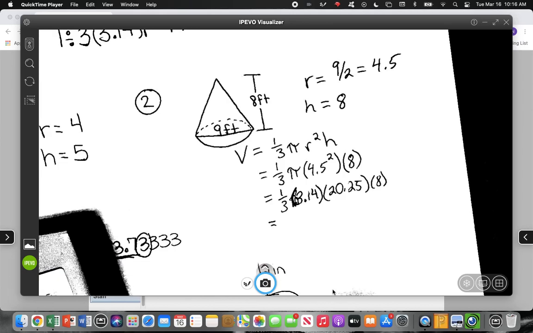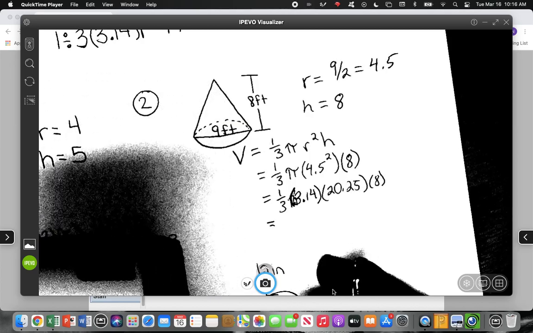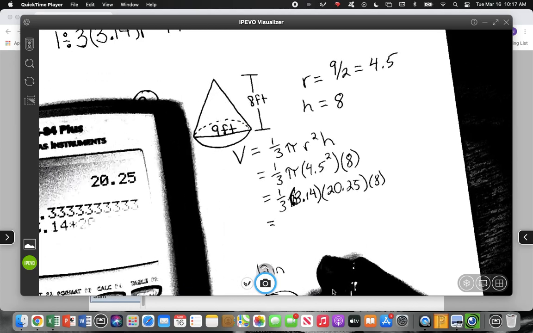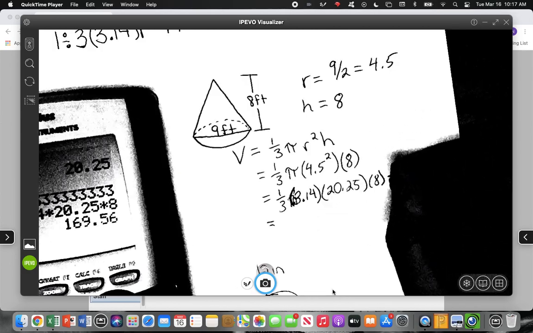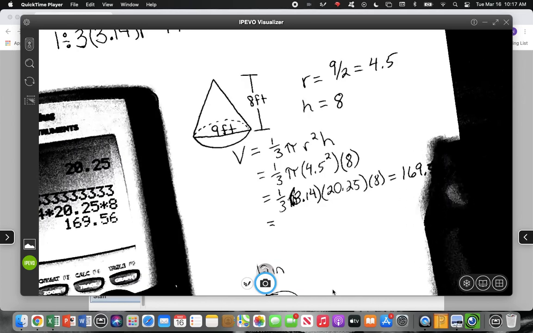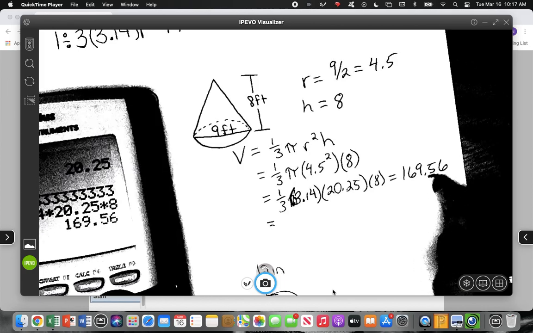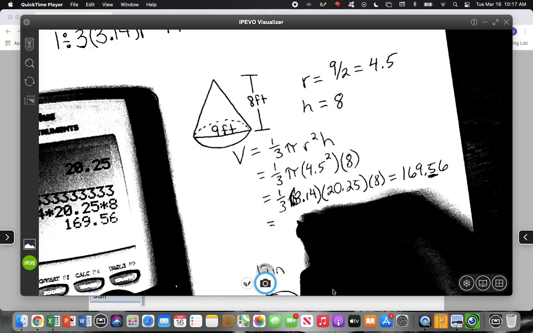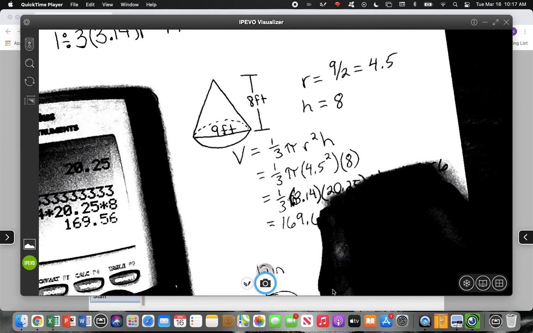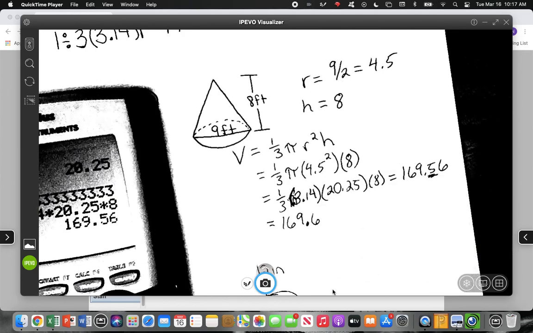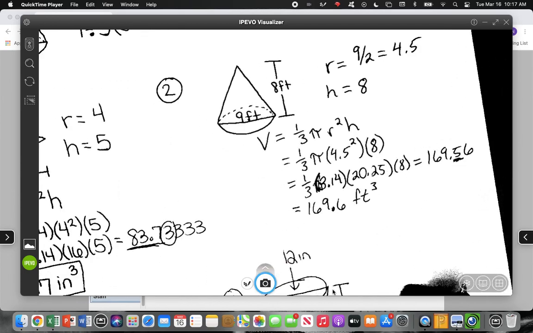What do we get? 169.56, but I want to round to the nearest tenth. I want to round this number right here. So 169.6, right? Because that 6 is telling me to round my 5 up. So 169.6. And then what is the label here? Feet. Yep, cubed. We have to have the cubed, right?